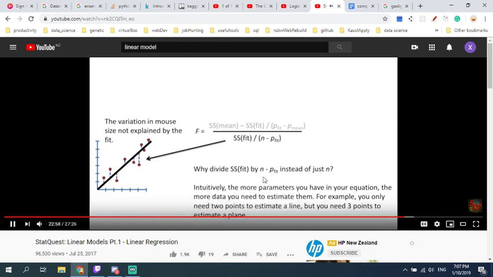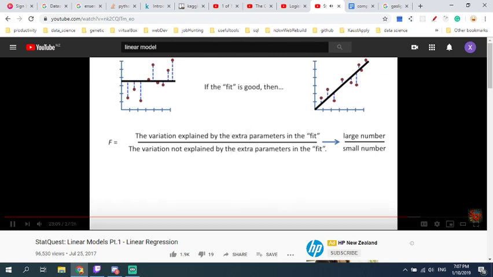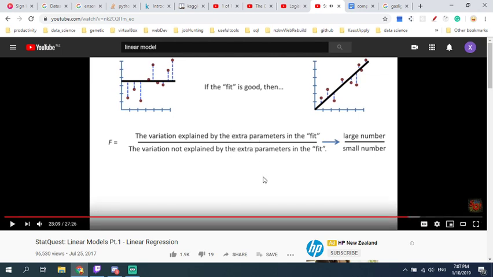For example, you only need 2 points to estimate a line. Then the variation explained by the extra parameters.